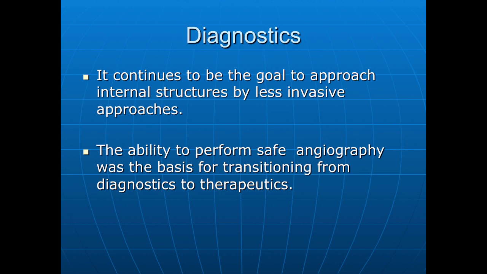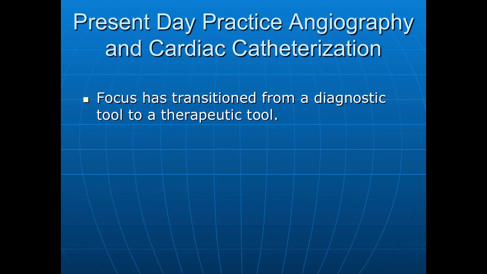Now we've been able to come up with the percutaneous approach, going back to the Seldinger approach that we talked about that came to be in the 1950s, and not have to send patients for very invasive surgery. So the ability to perform very safe angiography, both cardiac and peripheral vascular, was really the basis for transitioning more from a diagnostic approach to now a very rigorous therapeutic approach.